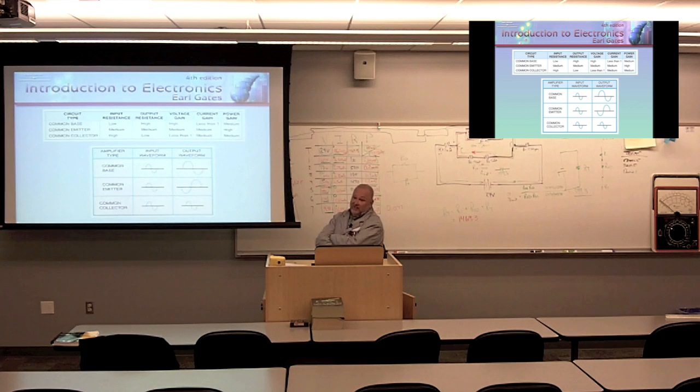Literally, voltage times current. So we could say that the common base has a medium power gain. Medium because it's high voltage and low current. Common collector gives us medium current gain and less than 1 for voltage gain. But common emitter has high power gain because it's medium voltage and medium current.